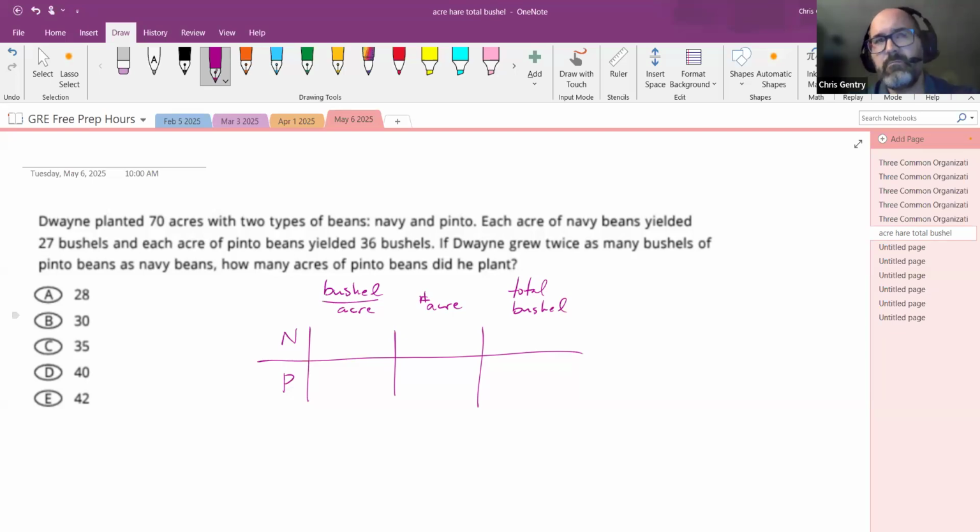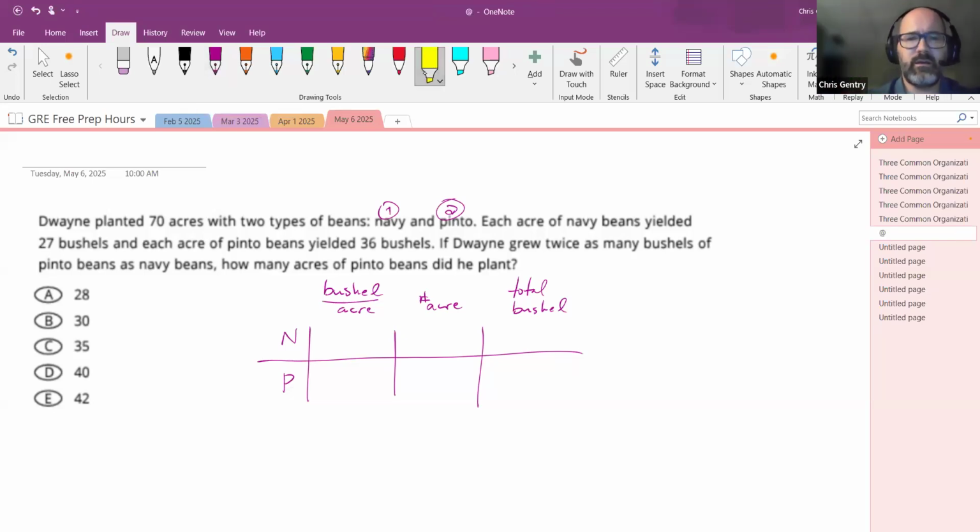This for me is a pretty classic setup. I believe it's going to be E actually, 42. But we'll see in just a moment. This is a pretty classic setup for a rows and columns approach. I've got two types of beans. So there is my multiple entities.